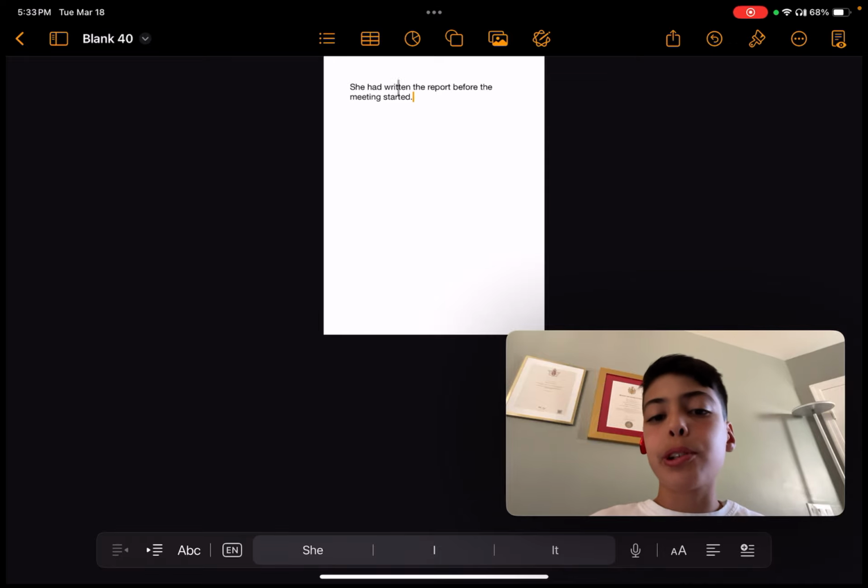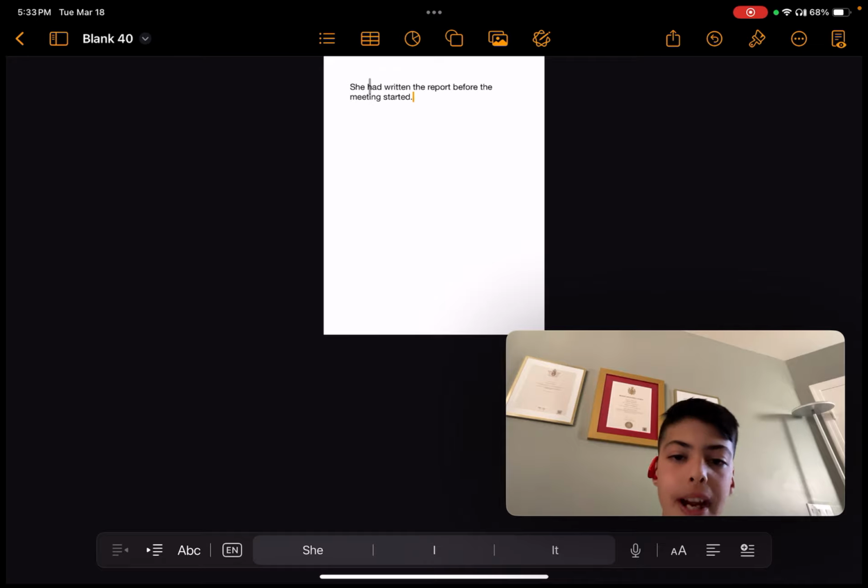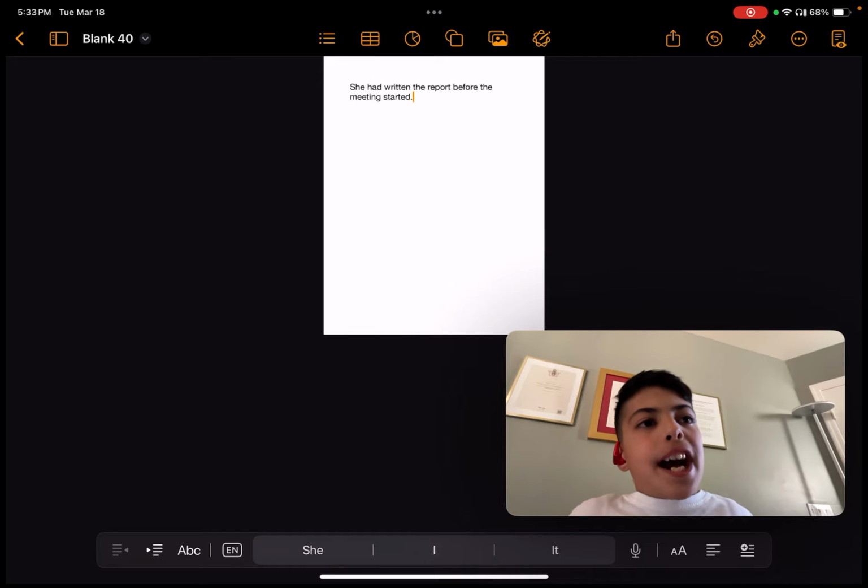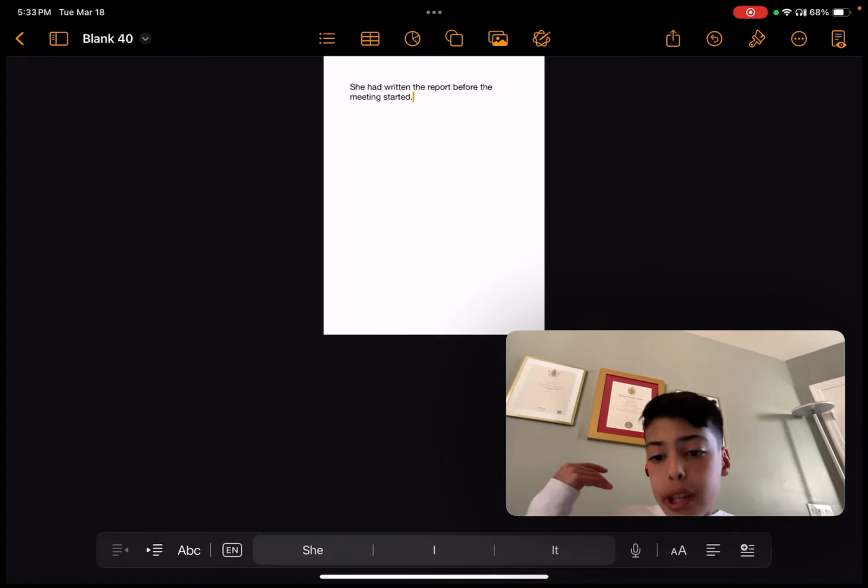When you're looking at perfect tense verbs, always look at the auxiliary verb before looking at the main verb, because this is the only thing that will change the tense, the form of have or has. This tells us that writing the report happened first and then the meeting started. So past perfect tense is just showing that one thing happened before the other in the past.